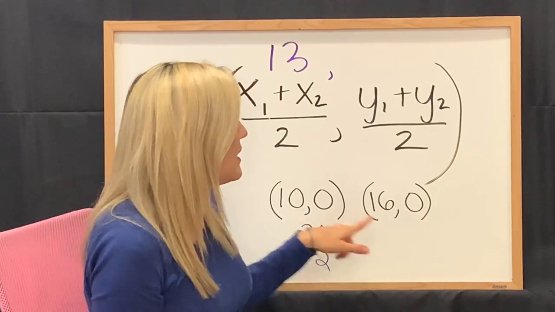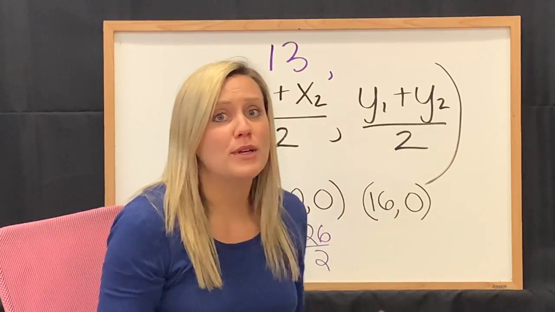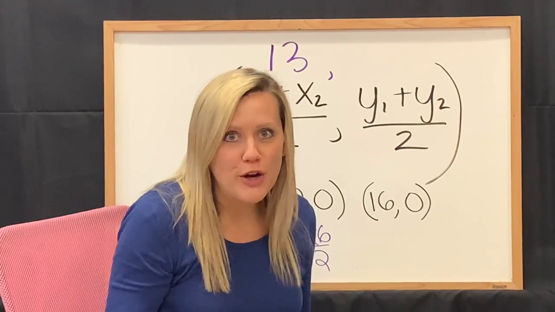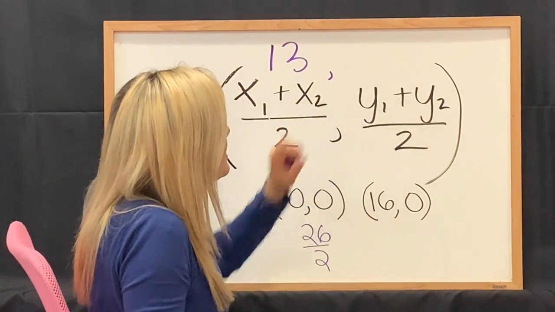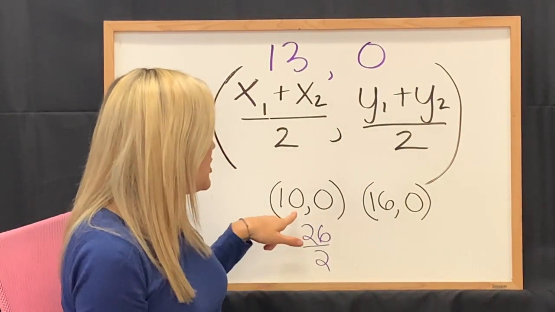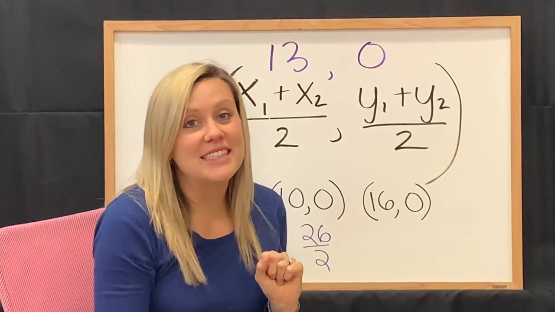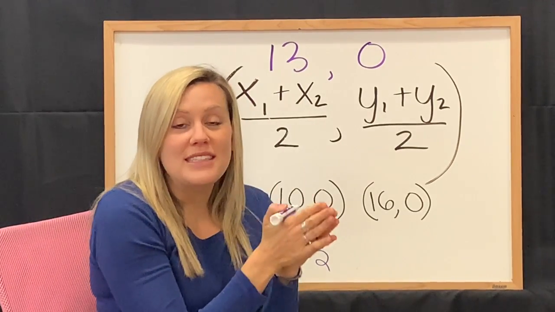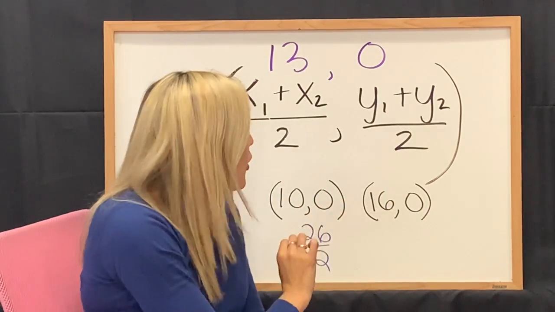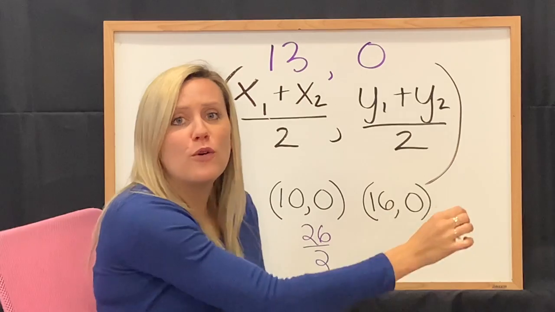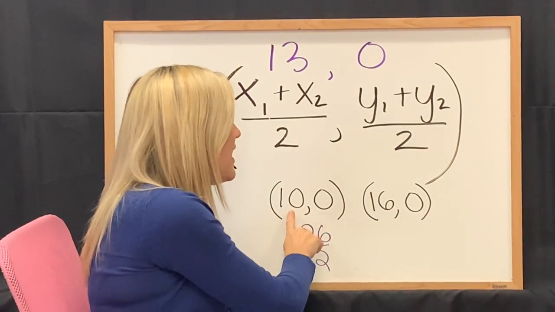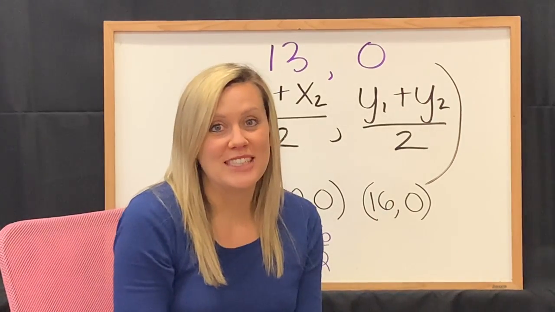And then next, I'm going to add 0 plus 0, which is 0. 0 divided by anything is 0. So my next point must be 0. So if I wanted to find the center of 10, 0 and 16, 0, that would be 13, 0. And that would just be a straight horizontal line over 10, up or down 0, over 16, up or down 0. So you could visually think that in between 10 and 16 is 13.